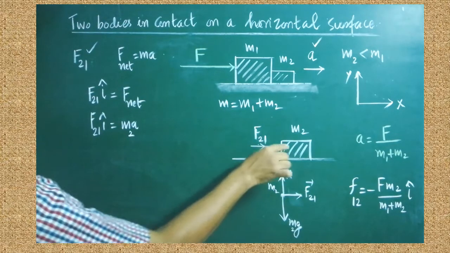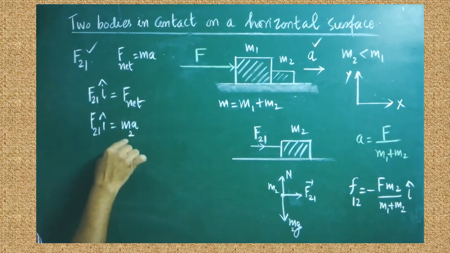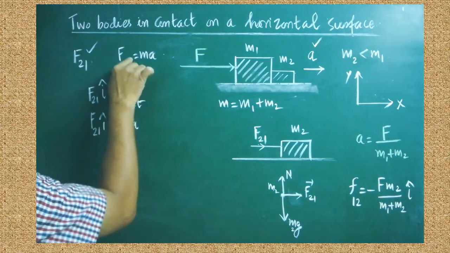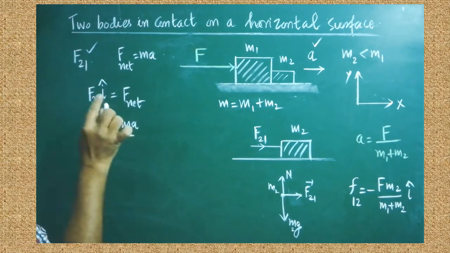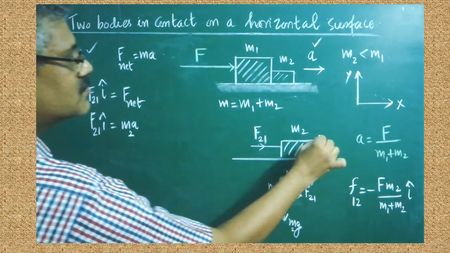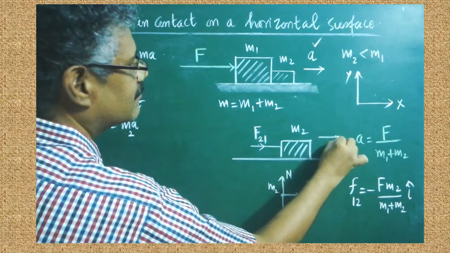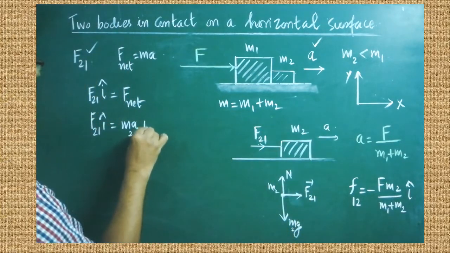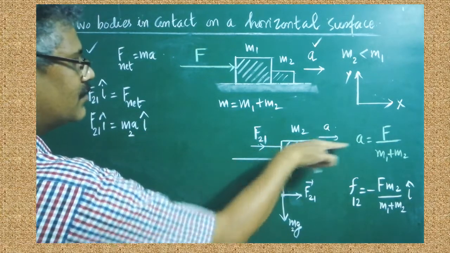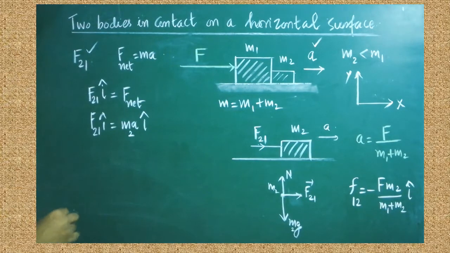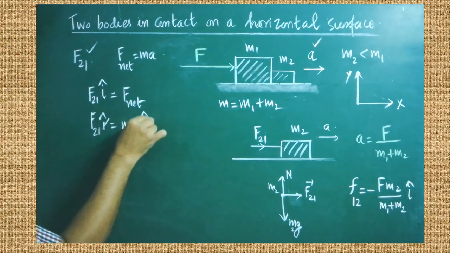We are concentrating only on mass m2. So F net can be calculated by the multiplication of m2 and acceleration. Since the body is moving in this direction with acceleration a, acceleration is also a vector along the positive x direction. Now you cancel the i cap.